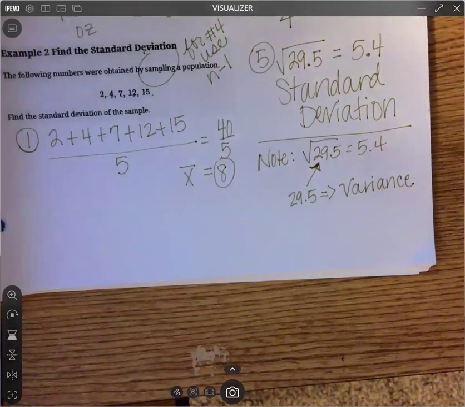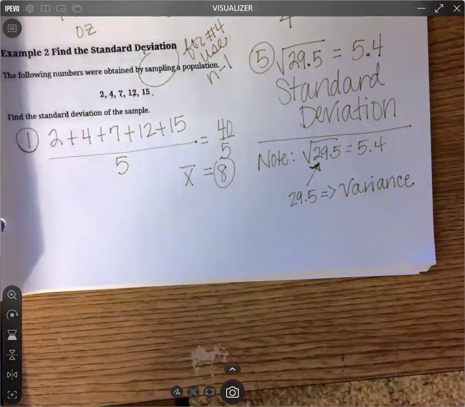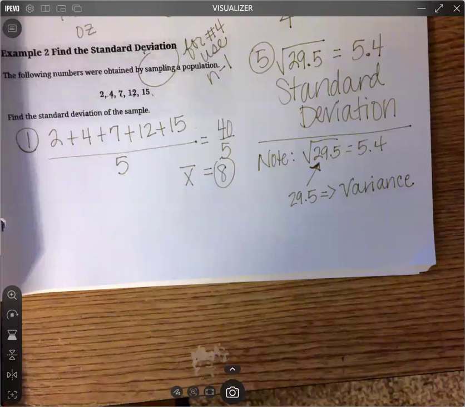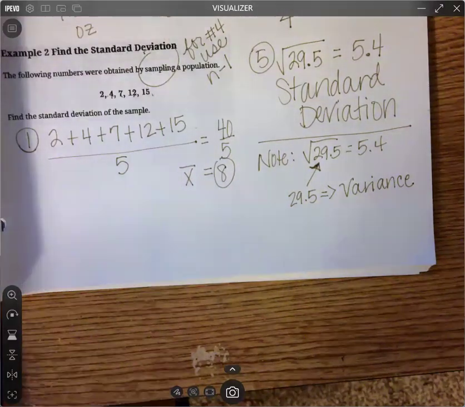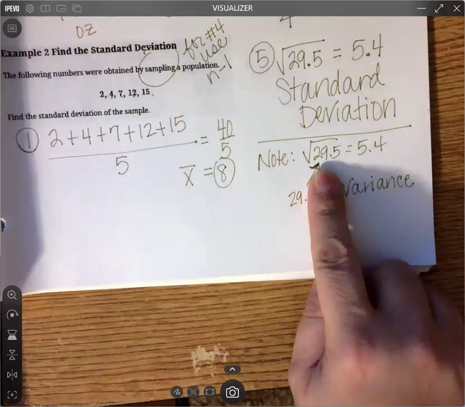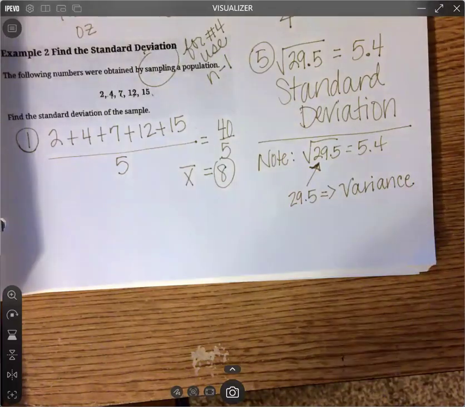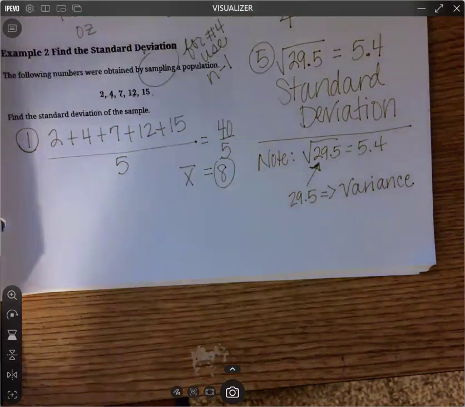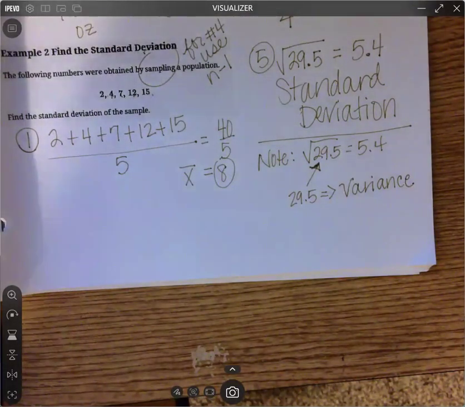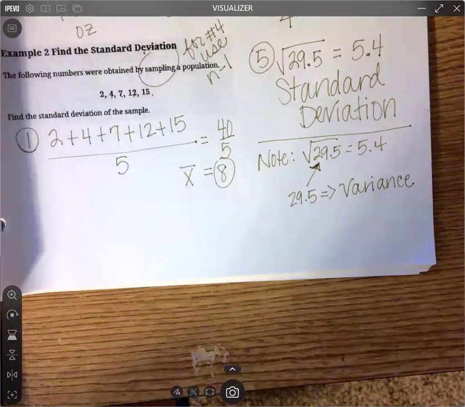There are going to be problems that ask you to find the standard deviation and other problems that ask you to find the variance. When you find the variance, you just stop here and don't take the square root. The number 29.5 then is that answer.